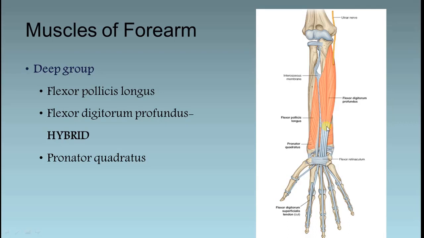So three muscles in the deep group: flexor digitorum profundus, flexor pollicis longus, and pronator quadratus. And profundus is a hybrid muscle. I have already told you the meaning of a hybrid muscle, which means this muscle receives nerve supply from two sources. In this case, profundus receives nerve supply from the ulnar nerve as well as the median nerve.